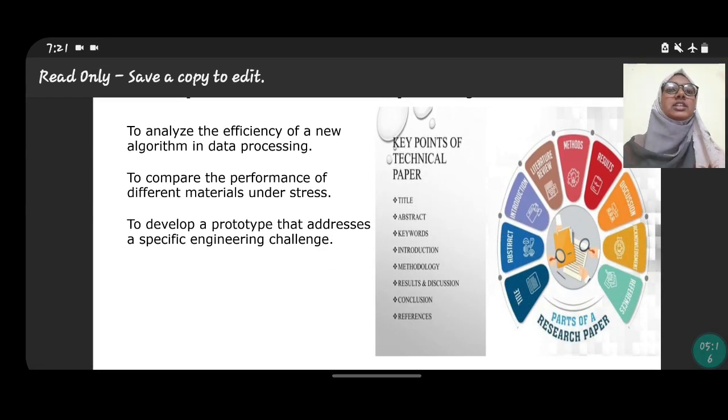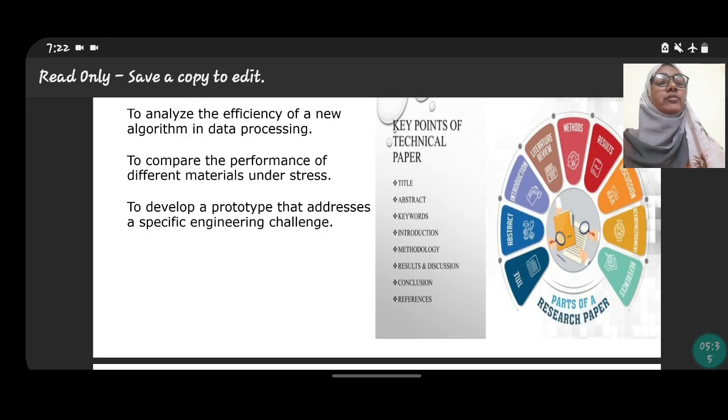To analyze the efficiency of a new algorithm in data processing. We are writing a paper on something that we have followed, or noticed, or observed. So we have to write it in an algorithm or in a flowchart.